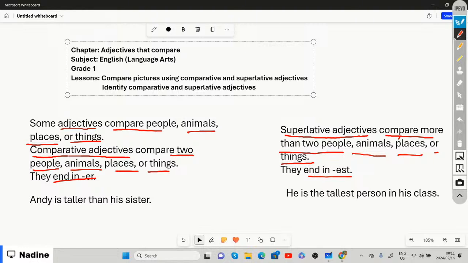And if we look at an example, it says he is the tallest person in his class.